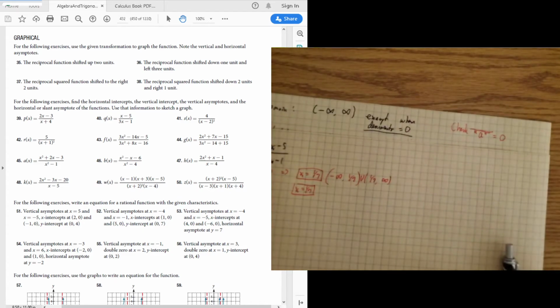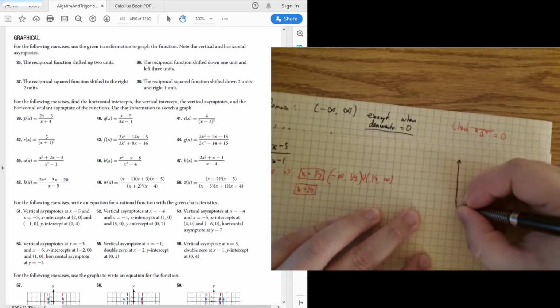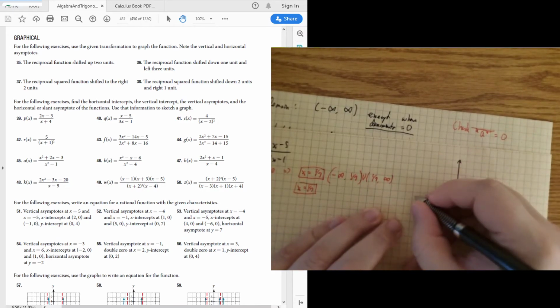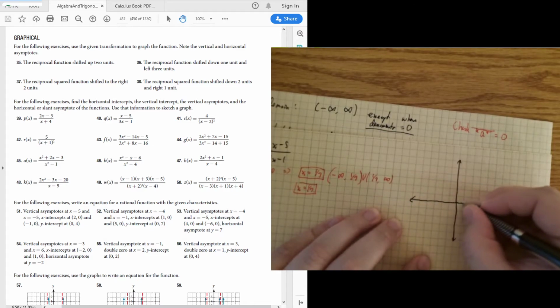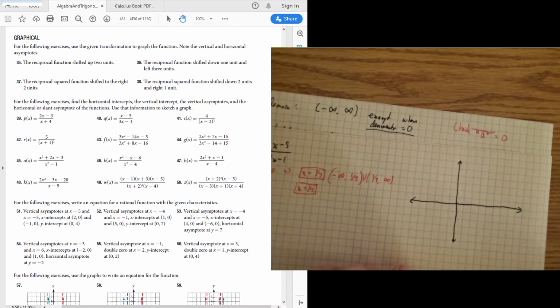So if I'm going to graph this, I can go ahead and get started on the graph part of it. Hopefully this isn't a mistake, but I'm going to count by 1/3.